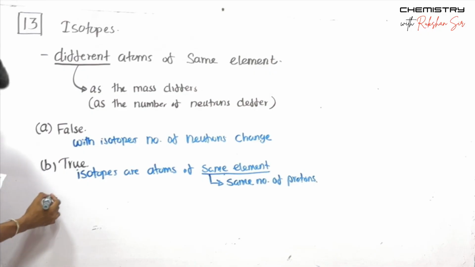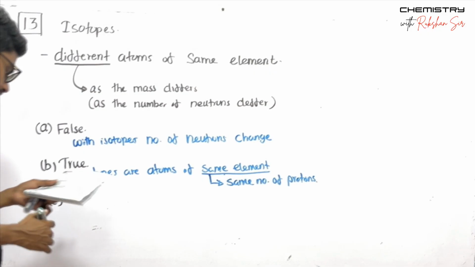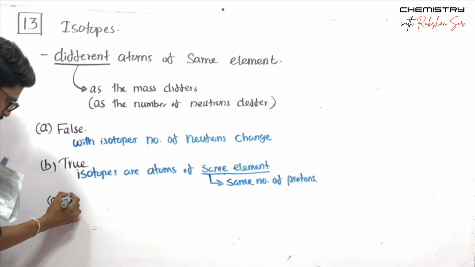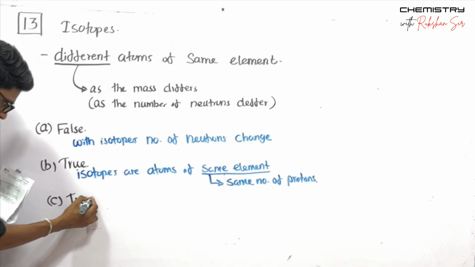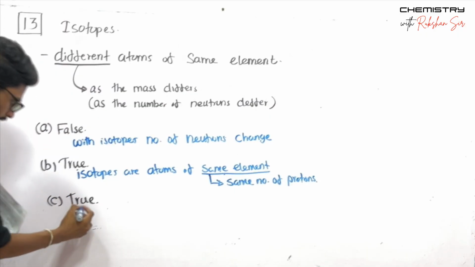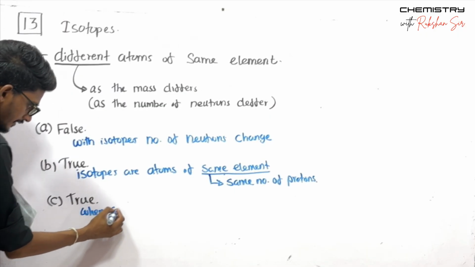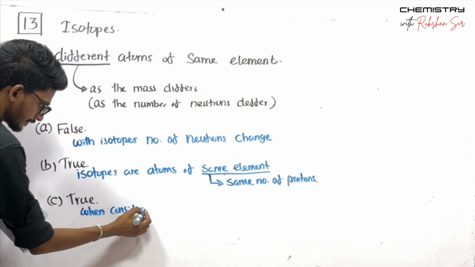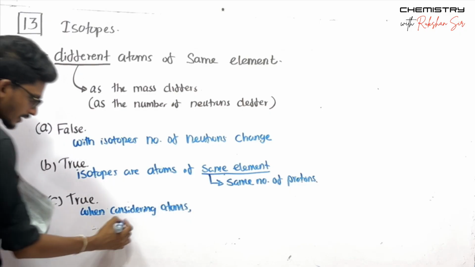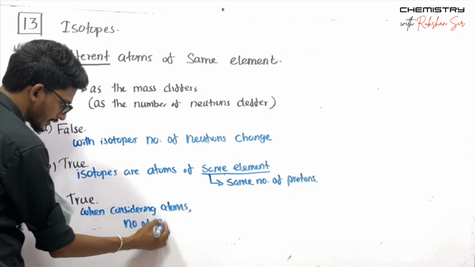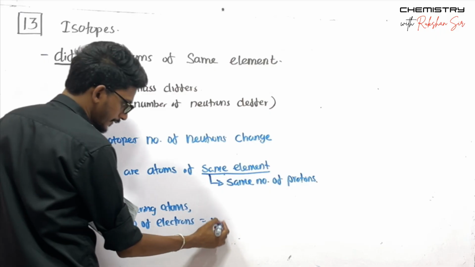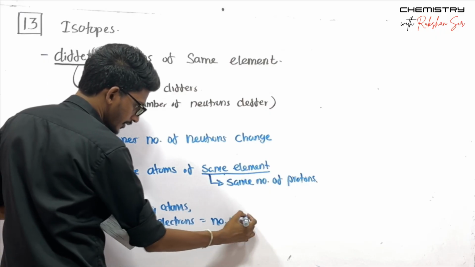Statement C, have the same number of electrons. That is true. In considering atoms, the number of electrons is equal to the number of protons.